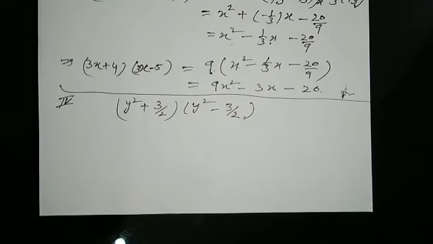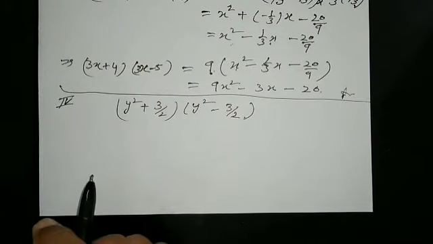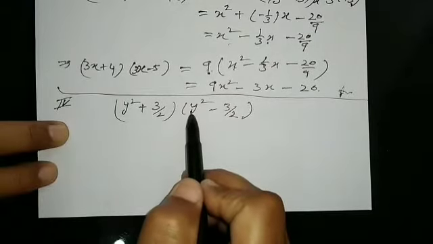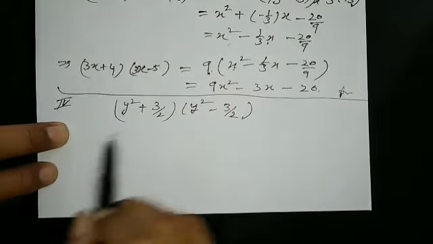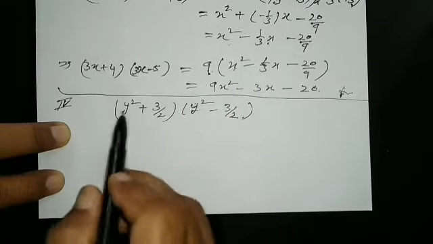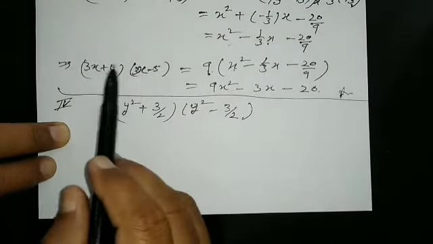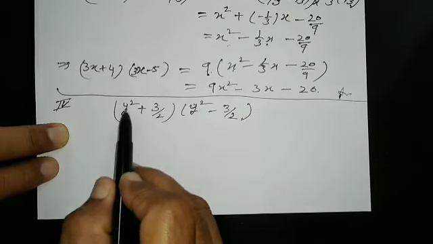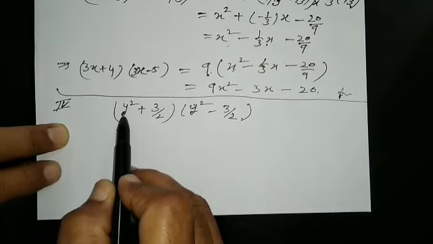Now you have to first make it applicable to the identities. So what will you do? Here we see that there is a quadratic term, but in our identity there is a linear term.